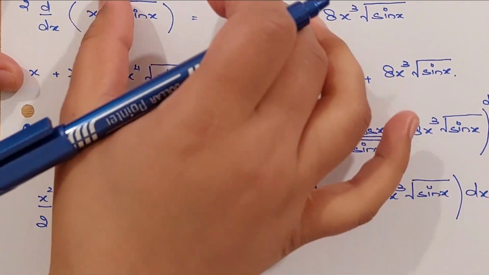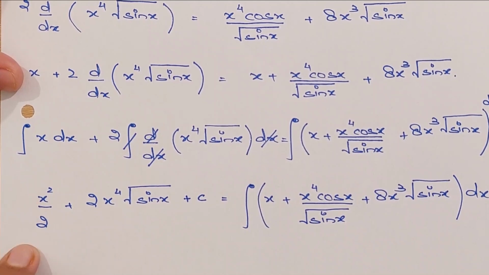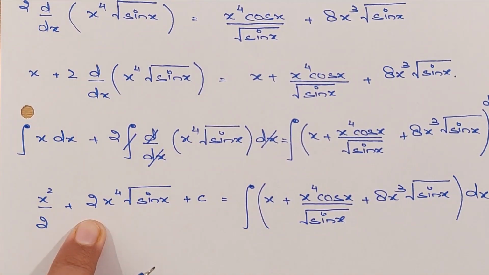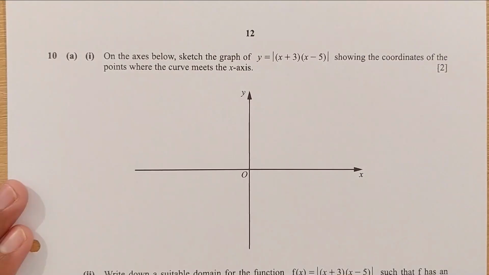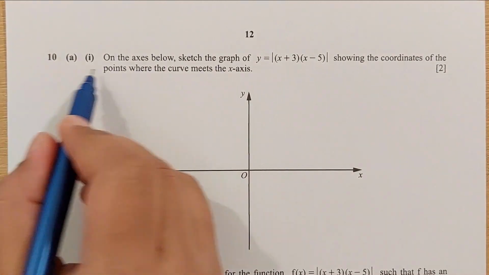So this integral is equal to x square by 2 plus 2 x power 4 square root of sine x plus c.